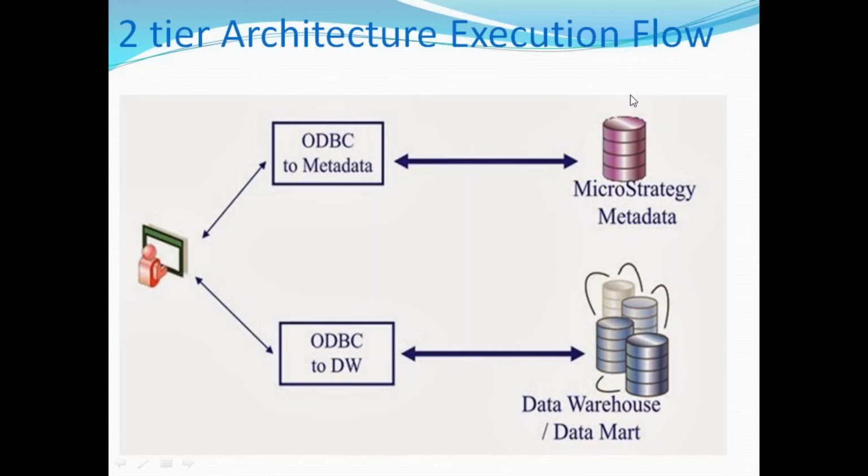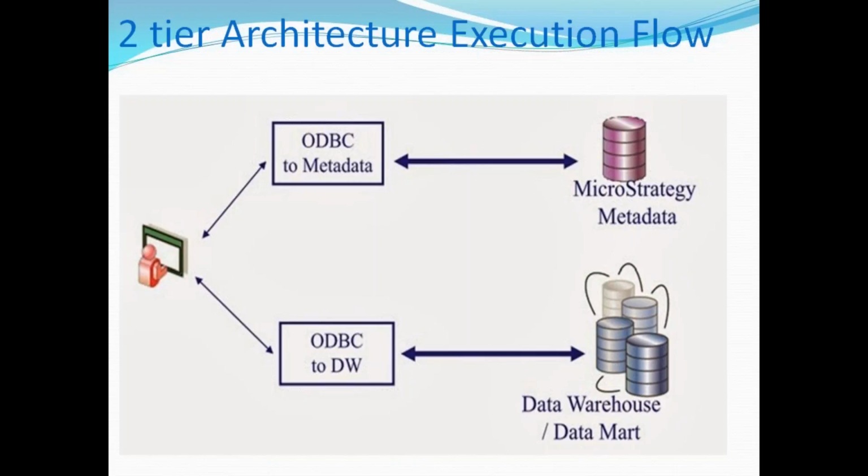In the metadata, it is going to collect the object definitions, all object definitions. Once it collects that object definition, the control goes to the data warehouse. In the data warehouse, it collects the actual data, brings that data and displays it on the report. So is that fine, everyone?